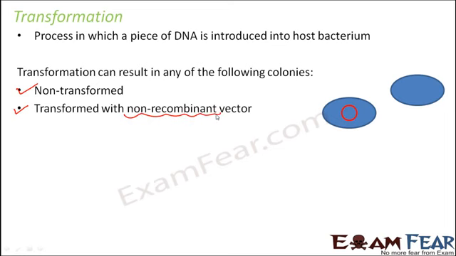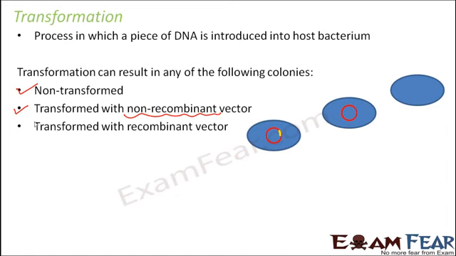Recombinant vector is that vector which contains the gene of interest, because you remember recombinant vector is nothing but the plasmid DNA, that is the vector DNA, along with the foreign gene which contains the gene of interest. So one option is the host cell gets transformed with non-recombinant vector. That means the vector doesn't have the gene of interest. And the third option is it gets transformed with recombinant vector. That means the vector has the gene of interest.